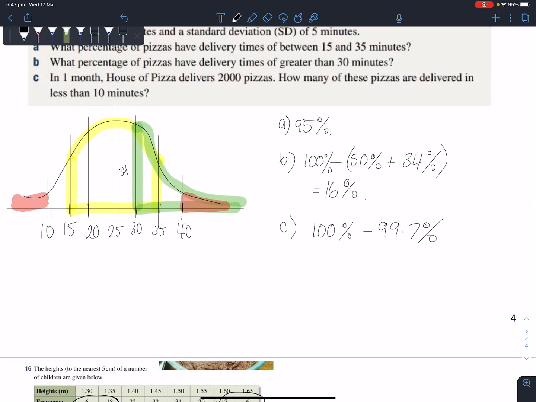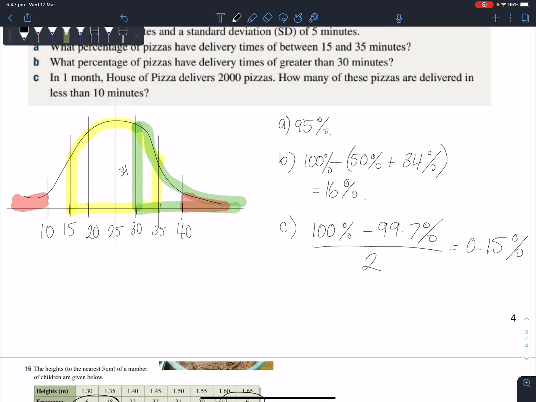Okay, and then if I divide that answer by 2, it'll give me 0.3%. And that's how much data is outside of that. Oh, sorry, not 0.3, I forgot to halve it. 0.15%.